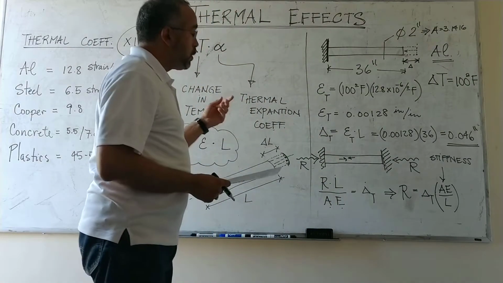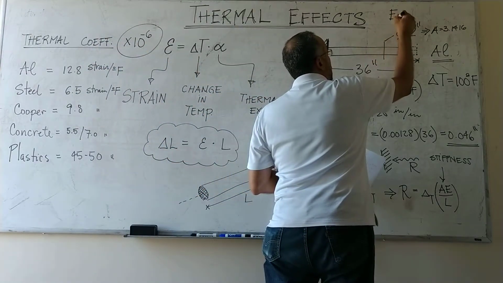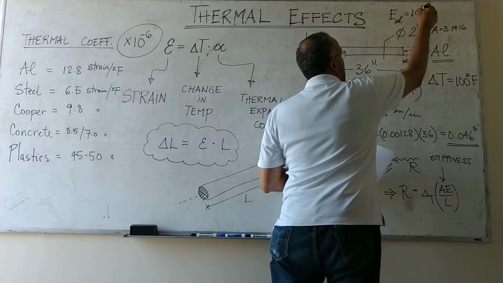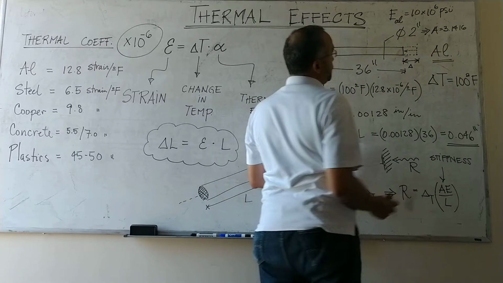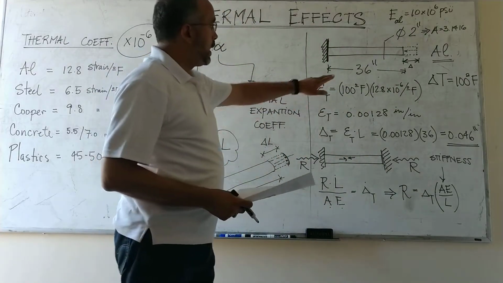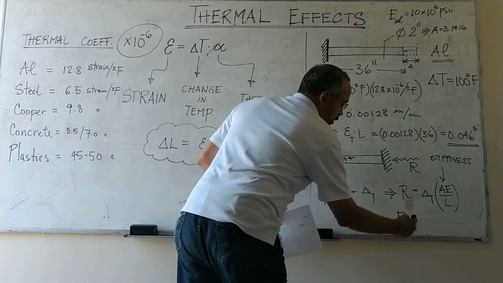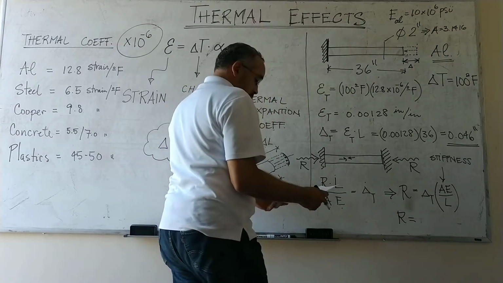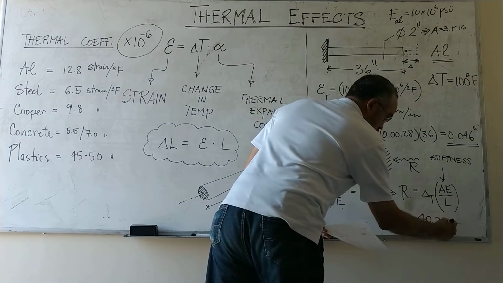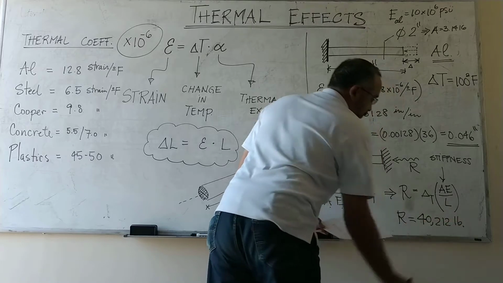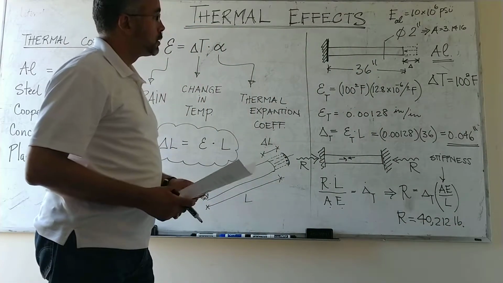And with the elastic modulus of aluminum being 10 times 10 to the 6 psi, and the length being 36 inches, if you do the multiplication, you get a total restraining force of 40,212 pounds, which is a large force.